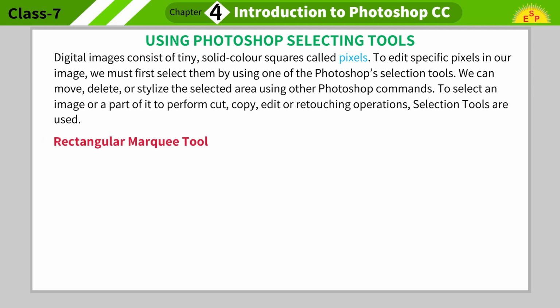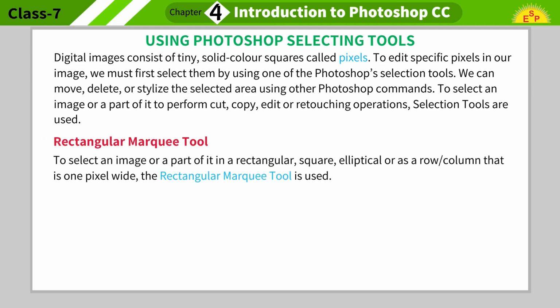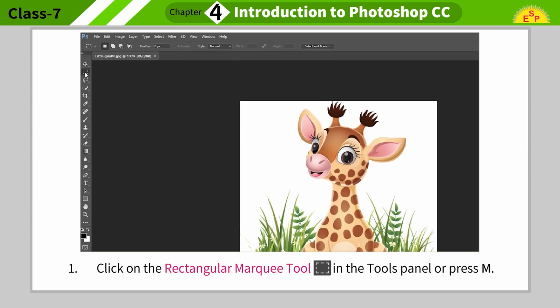Rectangular marquee tool. To select an image or a part of it in a rectangular, square, elliptical shape or as a row or column that is 1 pixel wide, the rectangular marquee tool is used. Follow the steps to use the rectangular marquee tool. Step 1.